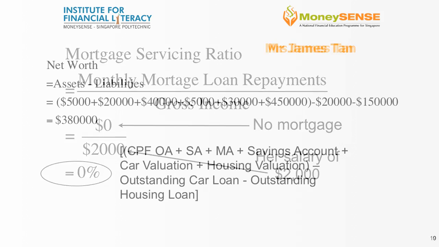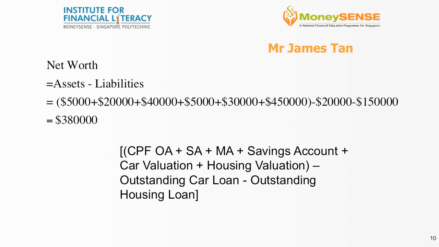Net worth of Mr. James Tan. Net worth is defined as total assets minus total liabilities. Mr. James Tan has the following assets: $5,000 in his CPF ordinary account, $20,000 in special account, $40,000 in his Medisave account, $5,000 in his savings account.